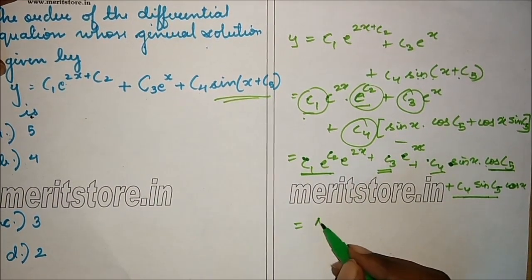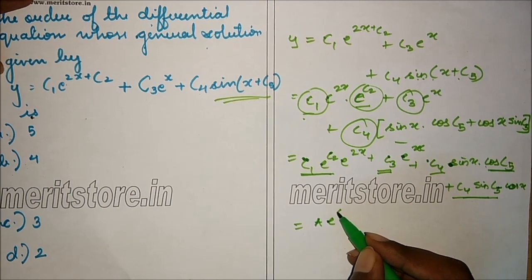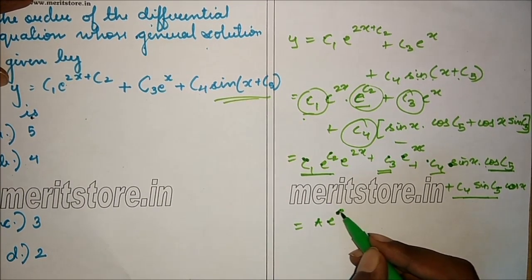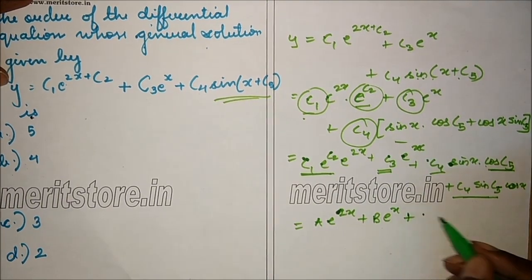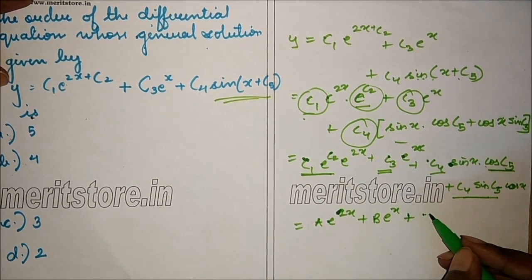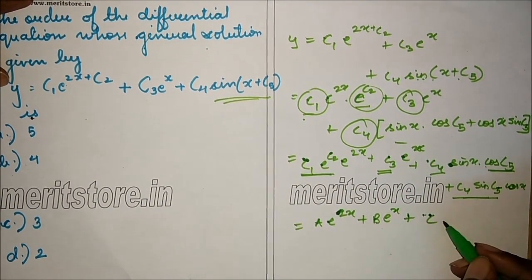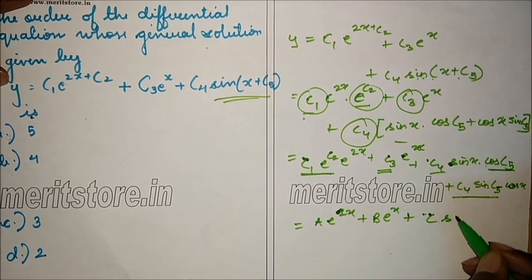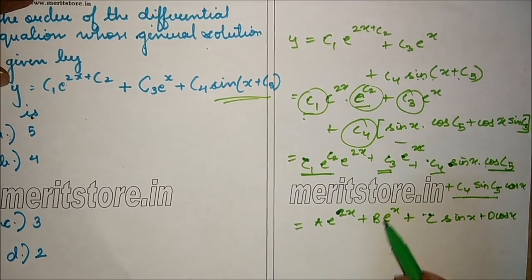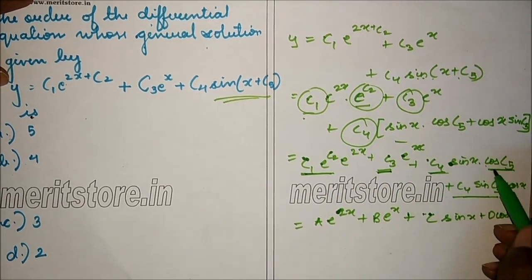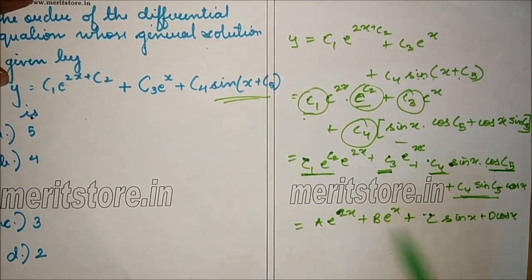So this will be a e raised to 2x plus b e raised to x plus c sin x plus d cos x. So we replace these terms with some arbitrary constants.